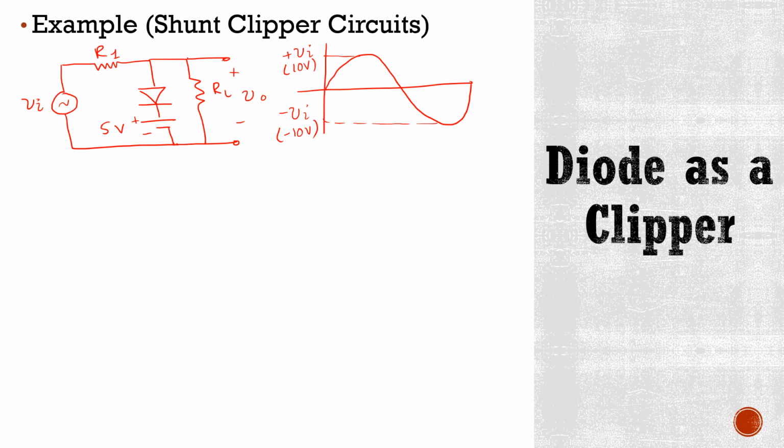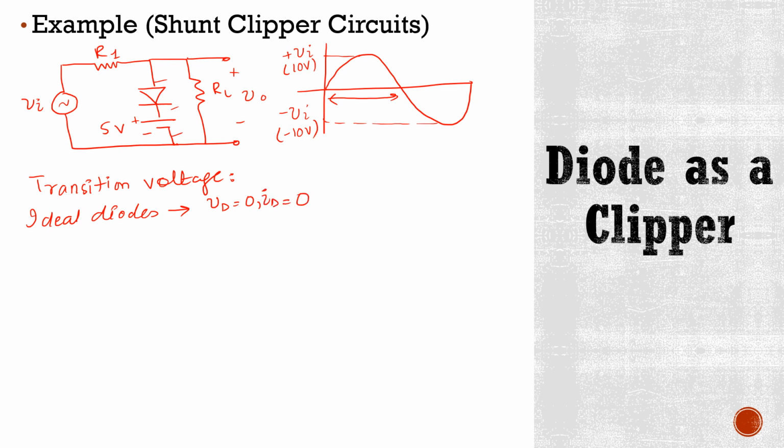We know that this diode is connected in this direction. It means it will conduct during the positive half cycle of the input signal, but here the DC battery is also connected, which will also affect this diode. So first we will find the transition voltage in this case, and we assume that in case of ideal diodes our condition is Vd equal to 0 and Id equal to 0.